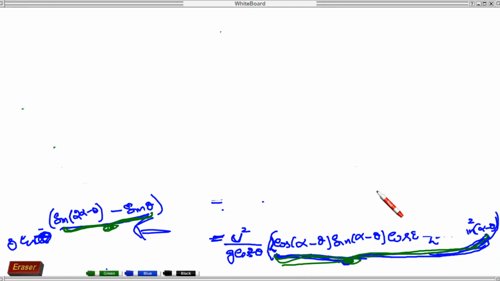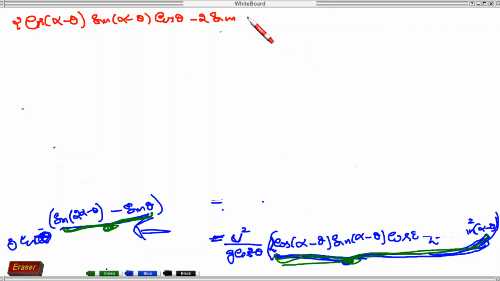So our equation was 2 times cos alpha minus theta sine alpha minus theta cos theta minus 2 sine theta sine square alpha minus theta.